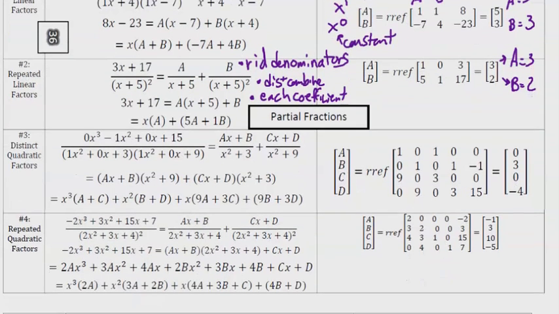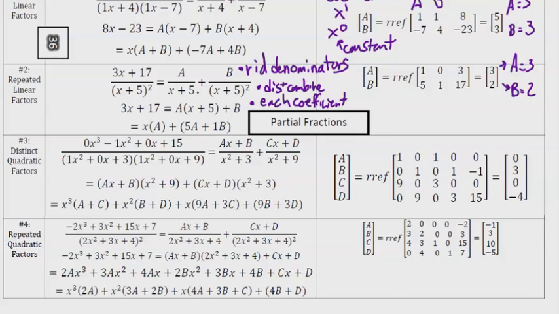Number 3, we have distinct quadratic factors. So this example, we have 0x cubed minus 1x squared plus 0x plus 15 all over x squared plus 3 and x squared plus 9. So we want to break it into two fractions again, ax plus b all over x squared plus 3 and cx plus d all over x squared plus 9.